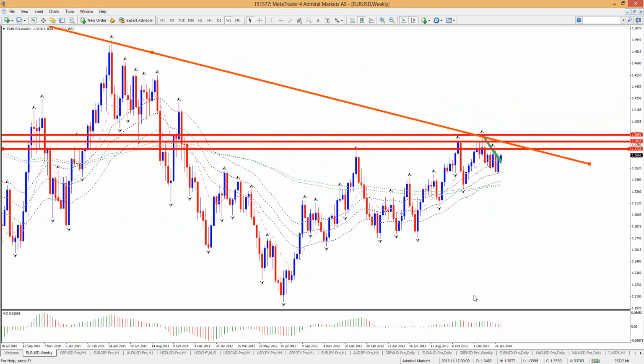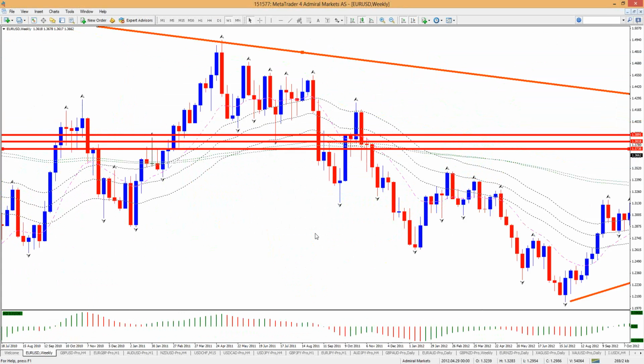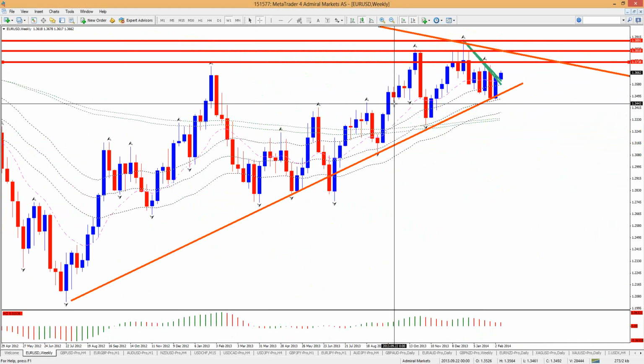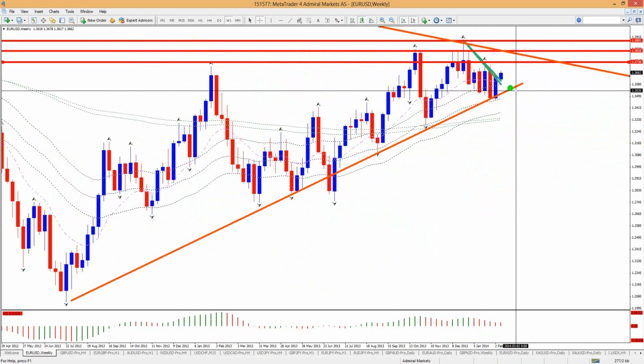Why? Well, because if you look at this particular zone, we're in here basically since end of September, which is October, November, December, January, roughly 4.5 months. We've just oscillated between a couple of hundred pips here and gone sideways.